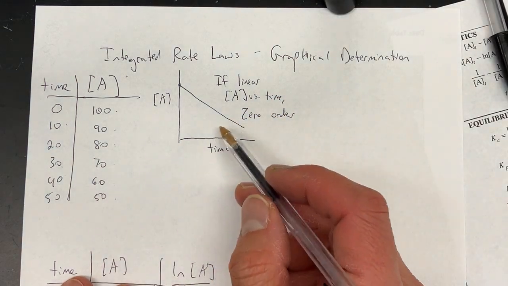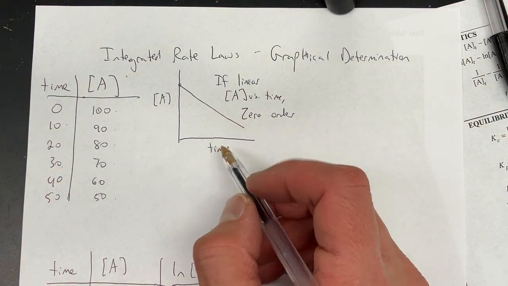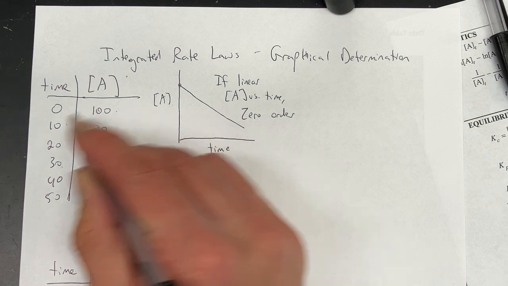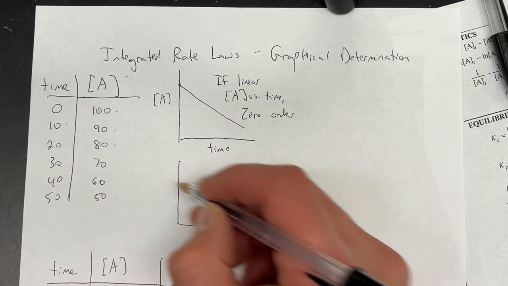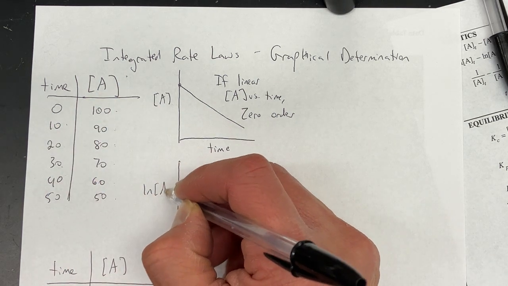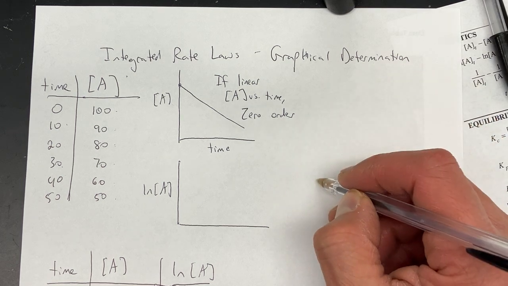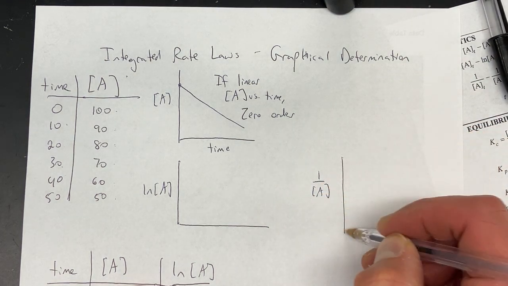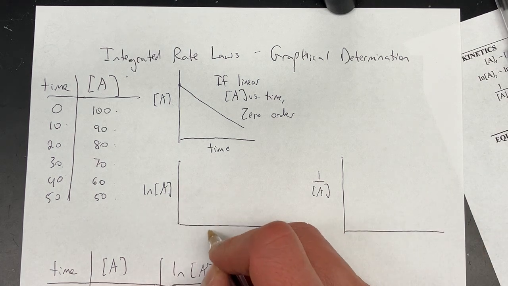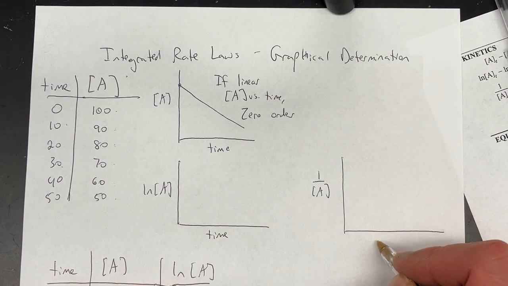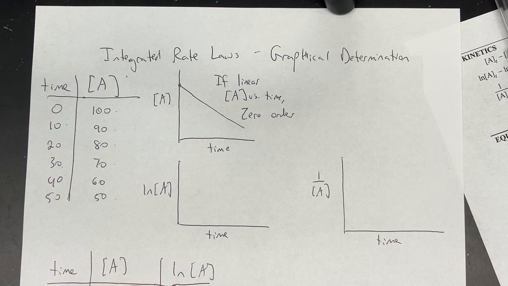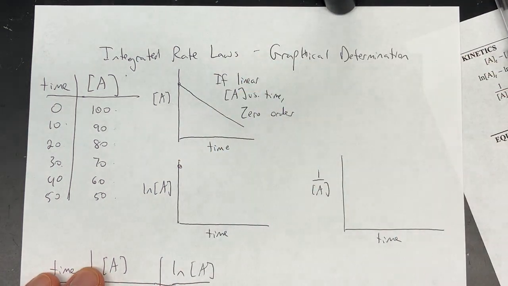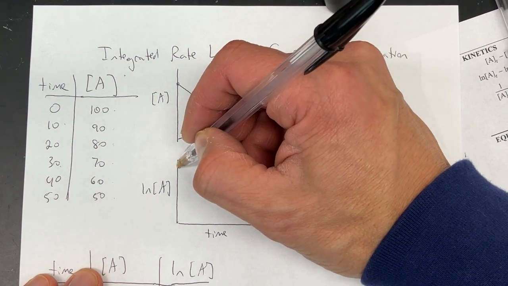Now, a lot of times on the AP test, they might show a graph like this, and they'll also say, if you don't see this data, but if I have the natural log of A, and then 1 over A, so natural log of A versus time, and 1 over A versus time, and I graph this out, this one would be something like this usually.